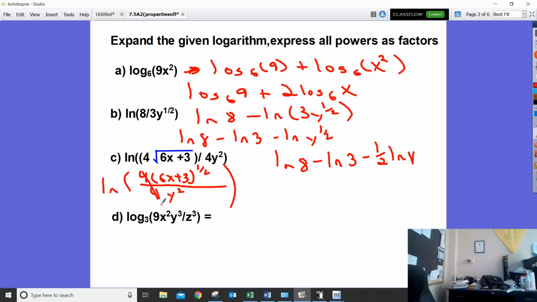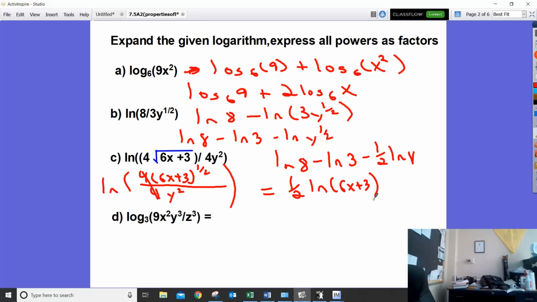Now, there's not a whole lot more up top. There's no product of two things anymore. This would be the natural log of 6x plus 3 to the what? Where's that half go? In front. 1/2 natural log of 6x plus 3. You'll need a set of parentheses on that because there's two terms in there.